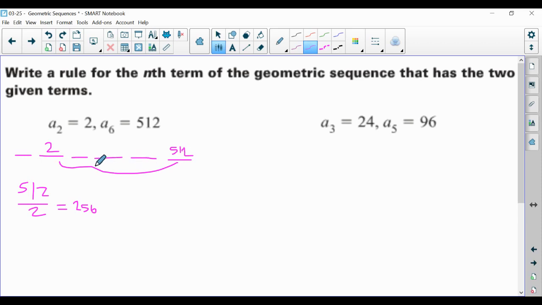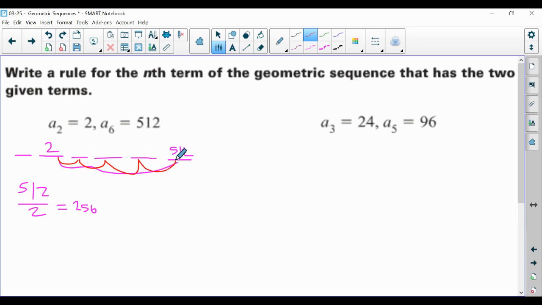I'm multiplying by the same number each time to get to 256. So that number is really multiplying by itself, right? It's being raised to some exponent. How many times is it multiplying by itself? To get from here to here, I've got 4 spaces: 1, 2, 3, 4.